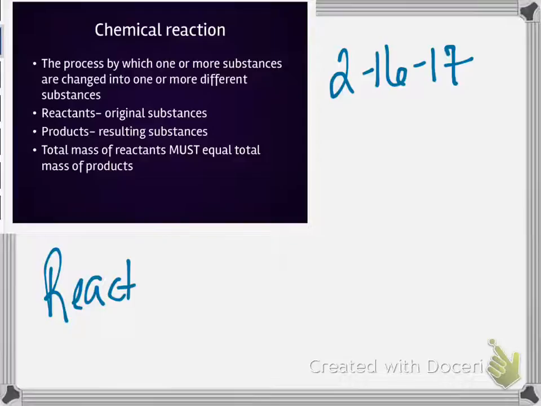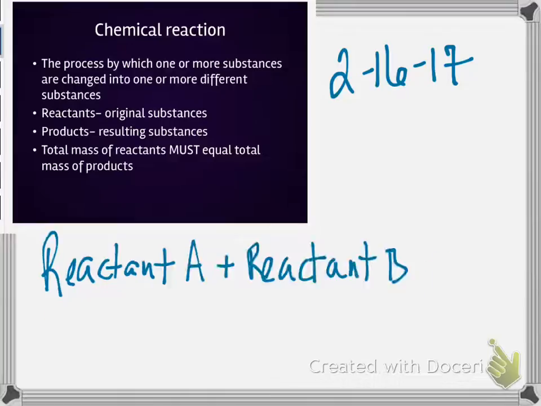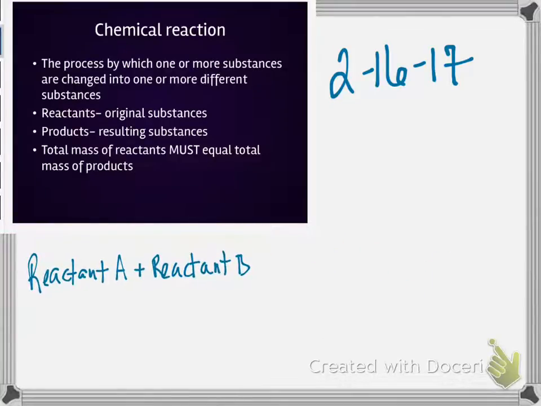So we have reactant A plus reactant B, and those are written on the left side of this arrow. And what comes out of a chemical reaction are the products.